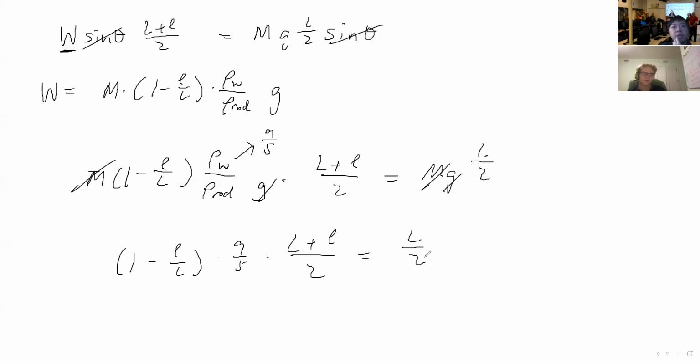So now we can actually divide by L over 2, which means multiplying by 2 over L. So then we have 2 over L minus 2l times 9/5 times L plus l over 2 is equal to 1.